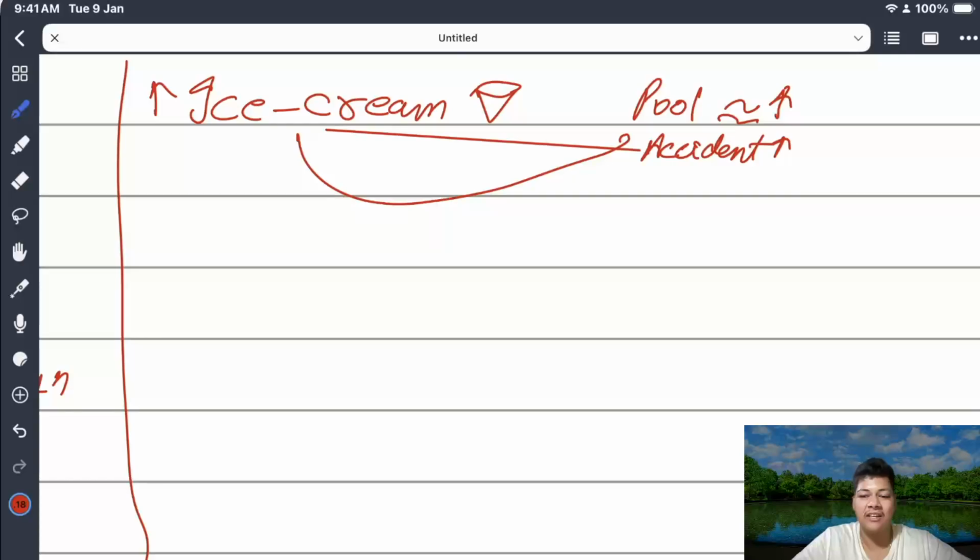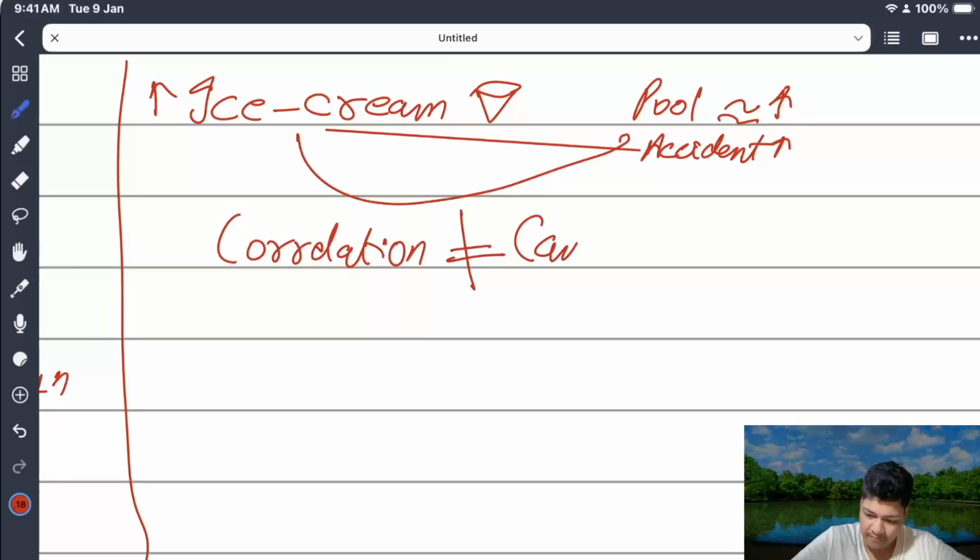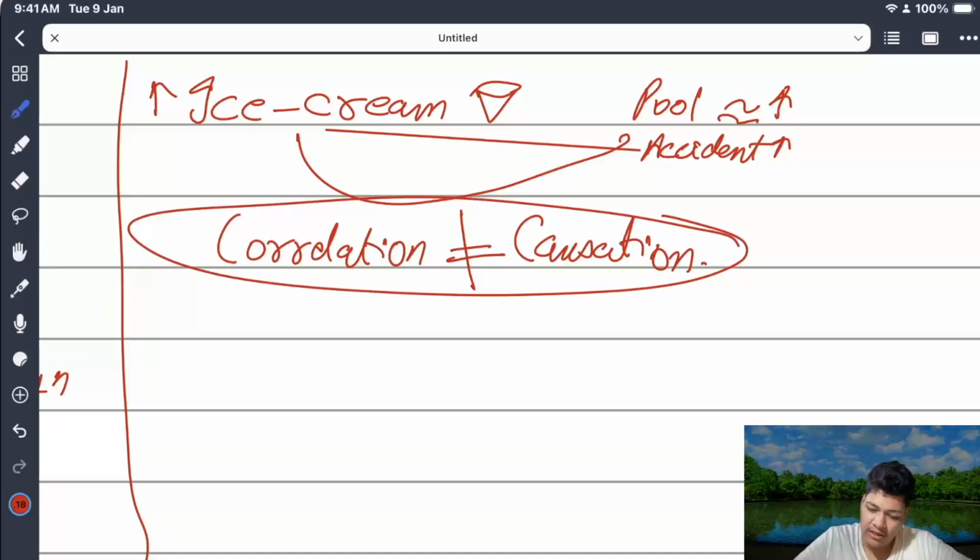Might be a hypothetical case, right? So correlation does not mean causation. I will explain causation later. Just simply remember, correlation is not equal to causation.